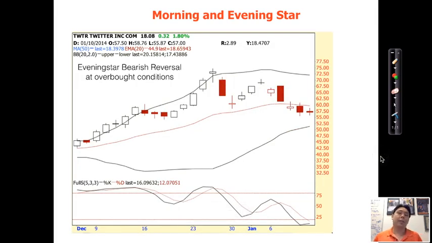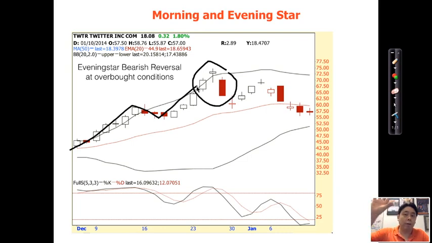All right, this is an evening star pattern. Can you spot the evening star? That's right, it's over here. Very nice evening star, okay? So you can see that the price goes up, retraces, goes up to an overbought condition. Why is it overbought? Because it pierces the upper Bollinger Bands. So the upper Bollinger Bands act as a resistance.